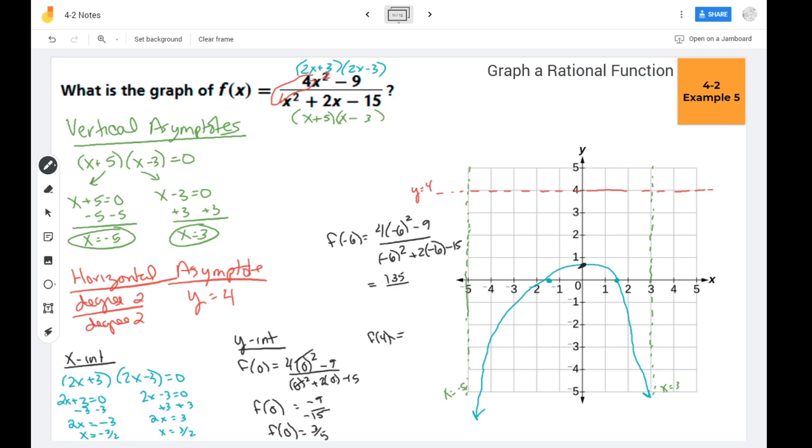And then I have a minus 15, so I have a 9 over here. And I'm just looking for approximates. I don't really care what it is. I just want an approximate value. And 135 divided by 9 is 15. So at negative 6, my graph is at 15. So it's something over like that.